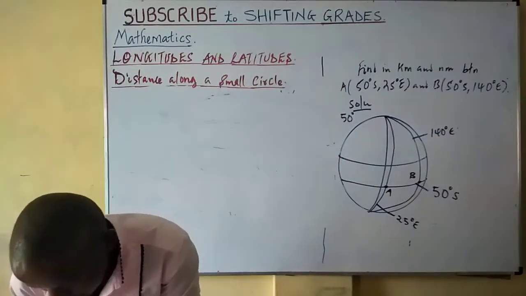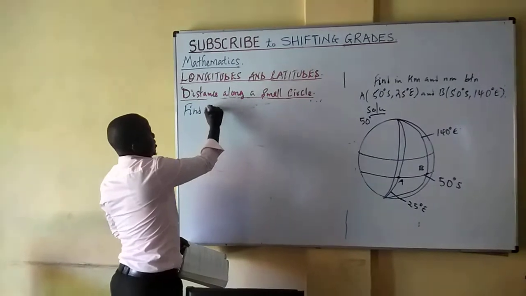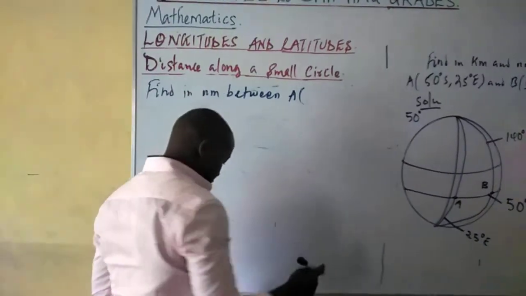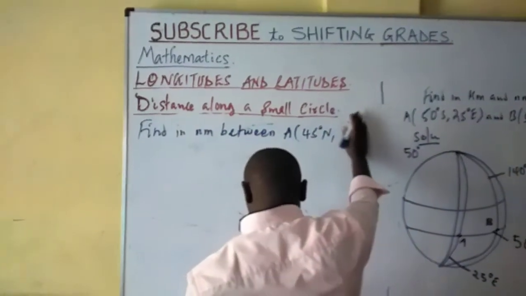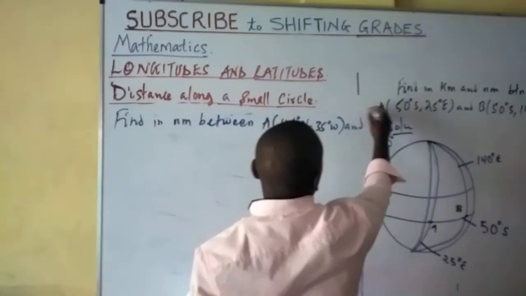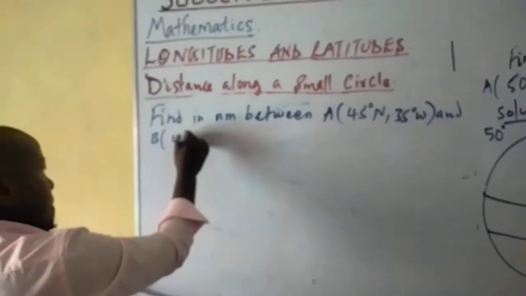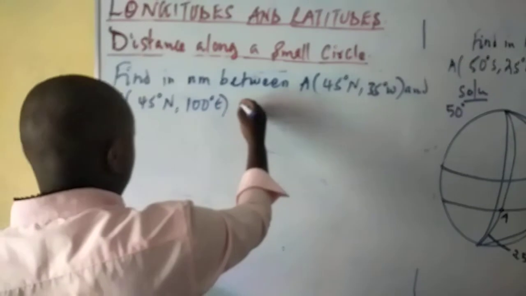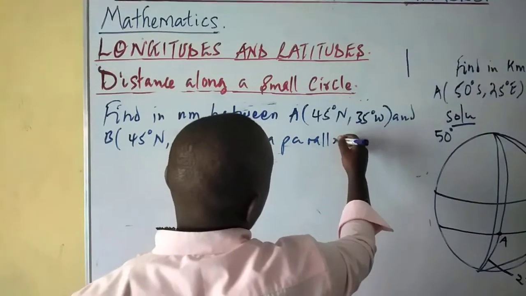The question says, find the distance in nautical miles between point A, whose coordinates are 45 degrees north, 35 west, and B, given as 45 north, 100 east, along a parallel of latitude.